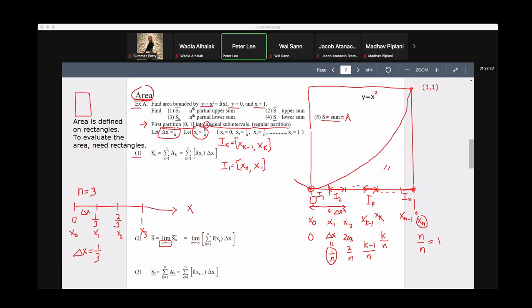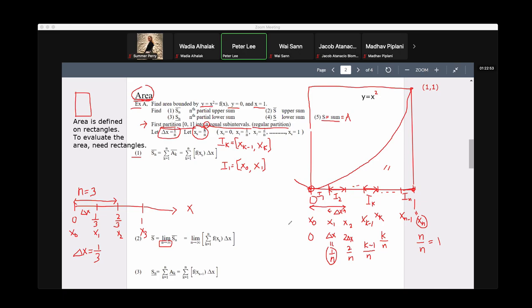They are positions. They are not lengths. Of course, in this case, x2 is 2/3, and that happens to be the same as the length of the interval from 0 to x of 2. So when n equals 3, if you do not understand anything, then let n be a number and see what's going on. This is to help you understand the problem.